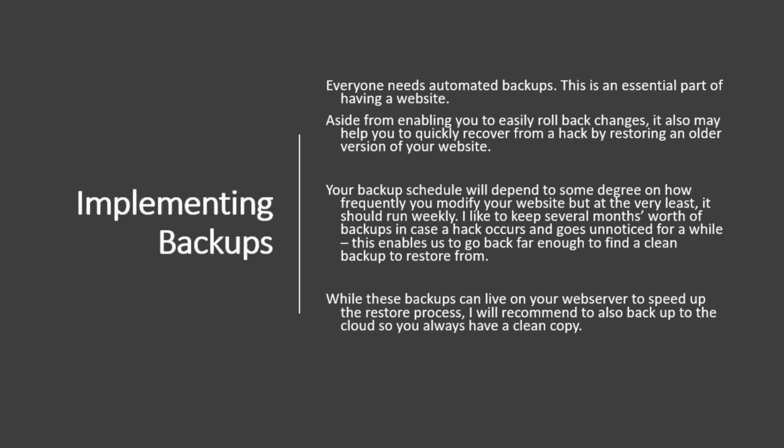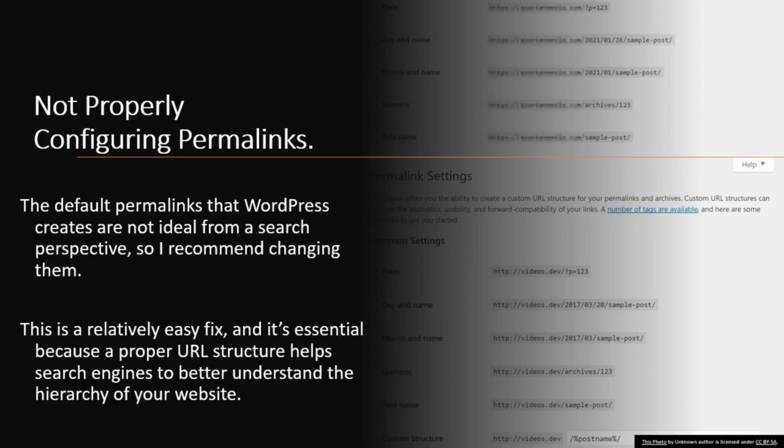The last mistake to avoid in your WordPress website is not properly configuring permalinks. The default permalinks that WordPress creates are not ideal from an SEO perspective, so I recommend changing them. This is relatively easy to change.